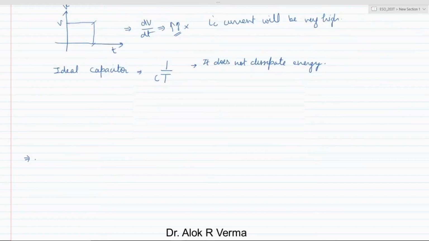So this is about the capacitor. Now let us see the series and parallel combinations. Suppose there are some capacitors which are connected in series.